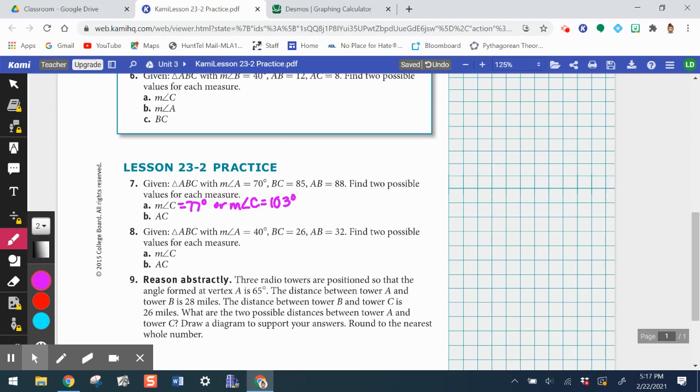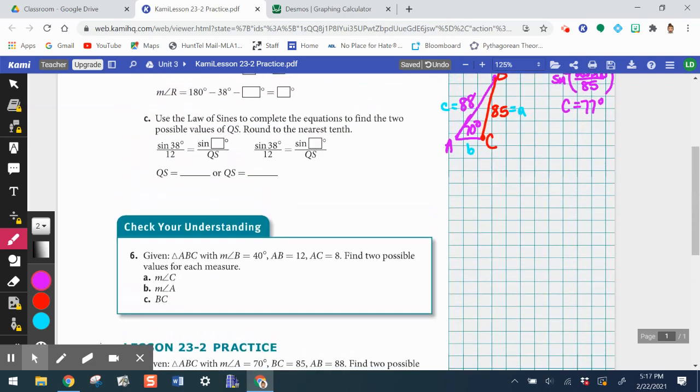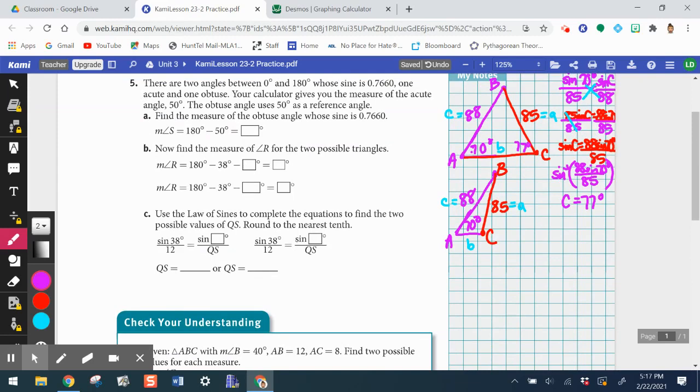So again, there's one acute and one obtuse, and the reason being the sine of 77 degrees is equal to the sine of 103 degrees. So the measure of angle C here could be 103 degrees, which now that we know a second measure of an angle in these triangles, we can find angle B, which is the whole point of finding angle C, to be honest.